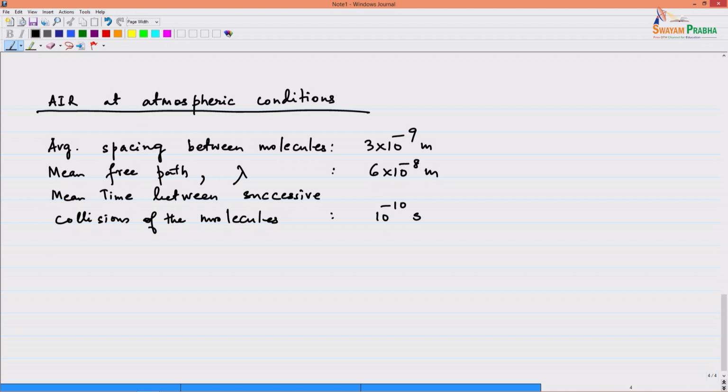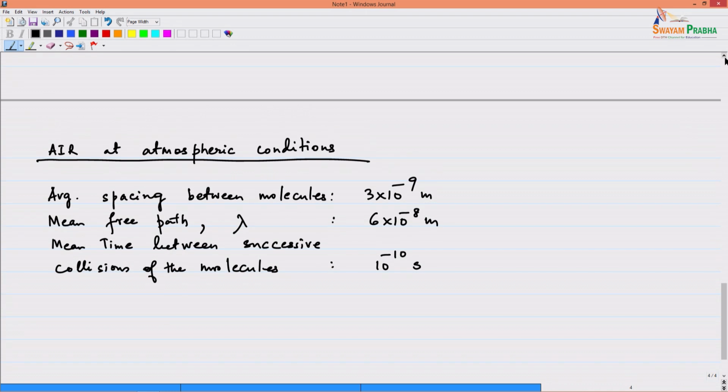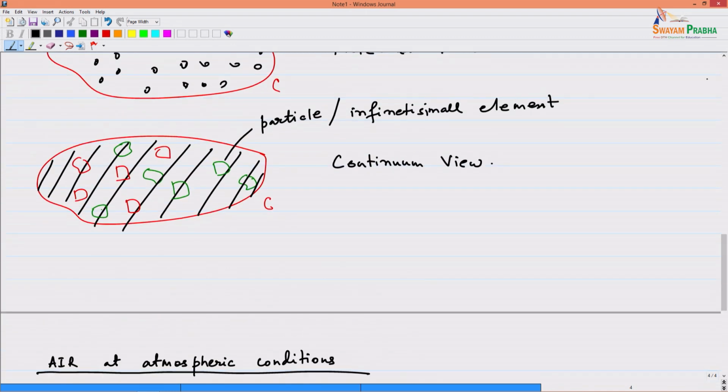If I may just go back a little bit, the question to ask would be: now we had defined, I am looking at C. C was a domain where the number of molecules is constant.